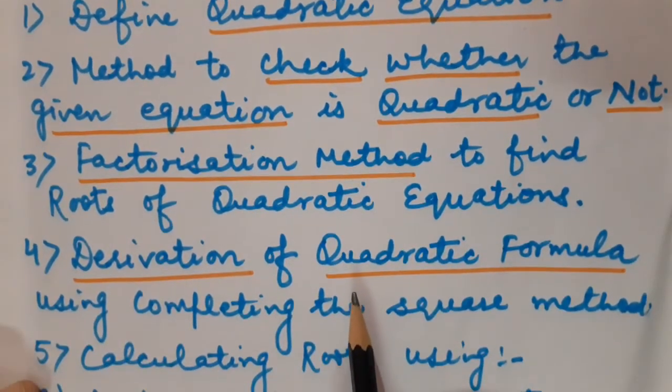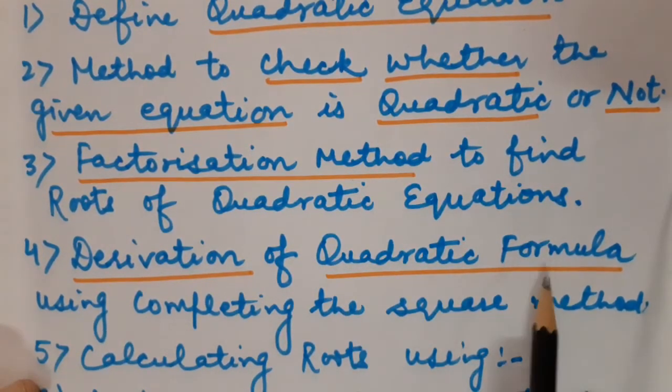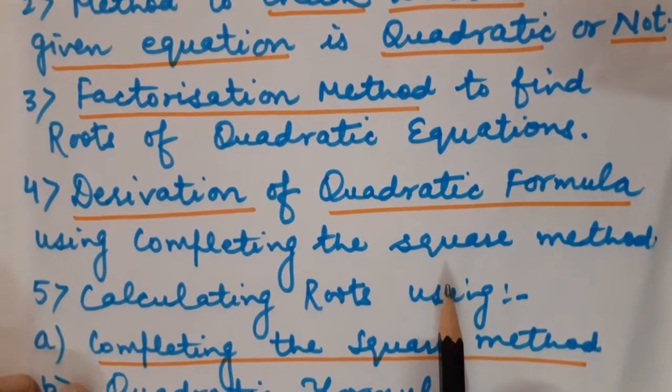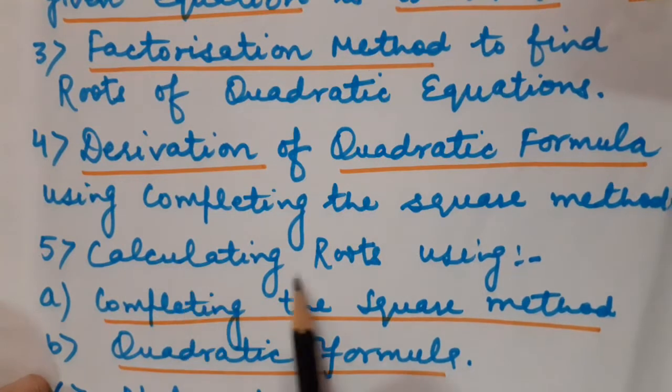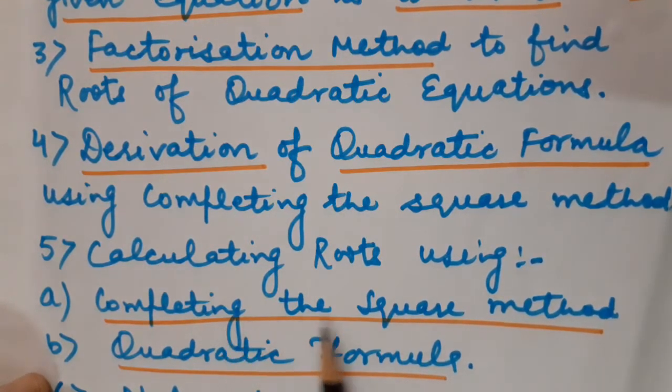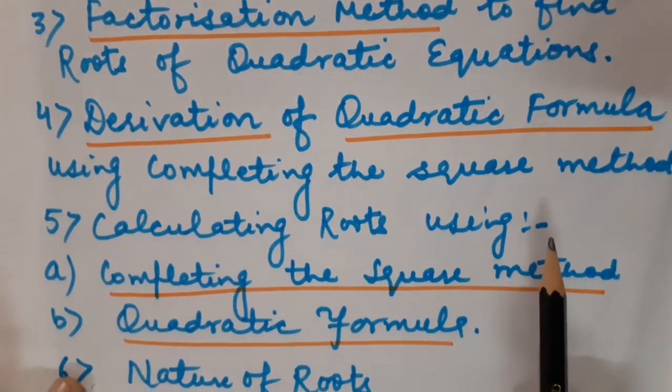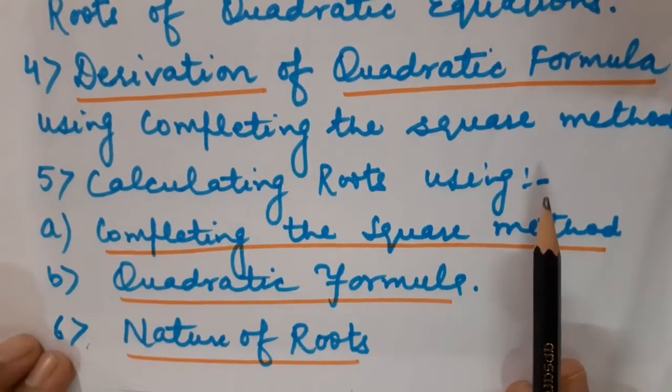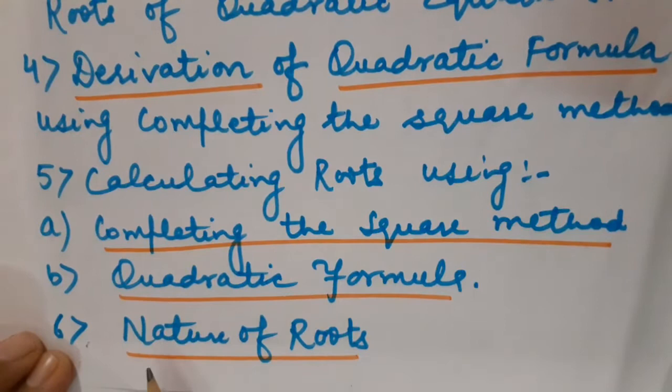Number 4, derivation of the quadratic formula using completing the perfect square method. Number 5, calculating roots using completing the perfect square method and quadratic formula. And the last topic is how to find the nature of roots on the basis of discriminant.